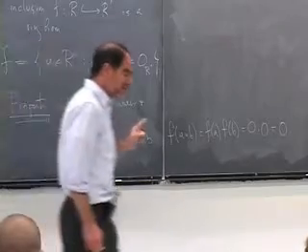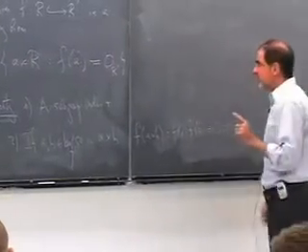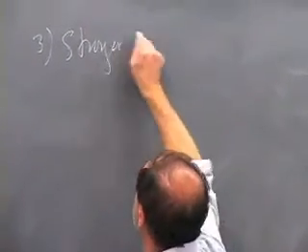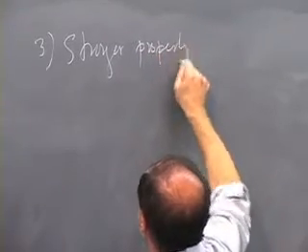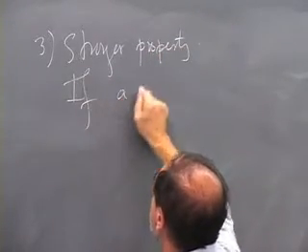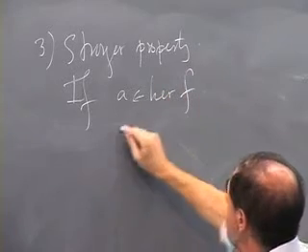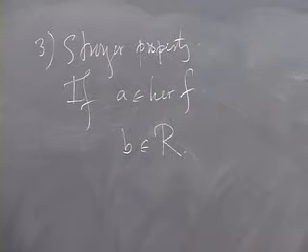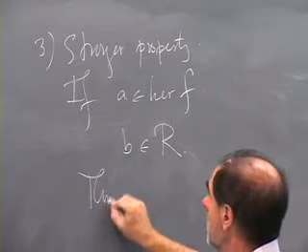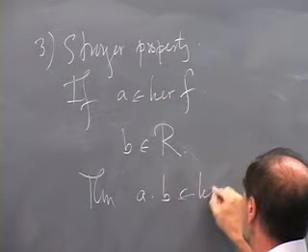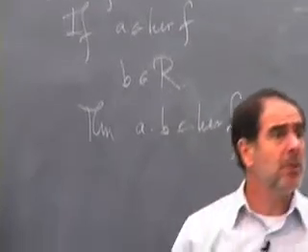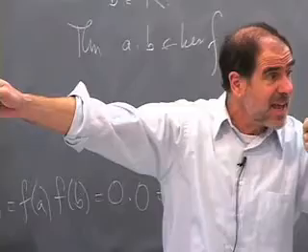Okay, but the cool thing is that there's an additional, stronger property. If a is in the kernel of f, and b is any element of the ring, not an element in the kernel, but any element in the ring, then a times b is in the kernel of f. So it's not just stable under product. It's stable under product where you take any element in the ring and you take the product.